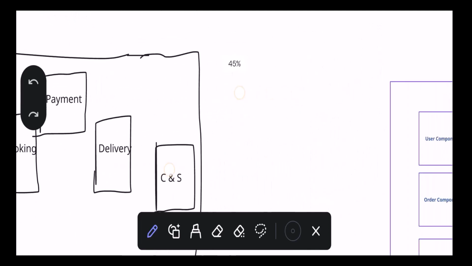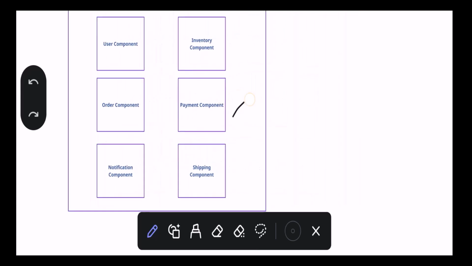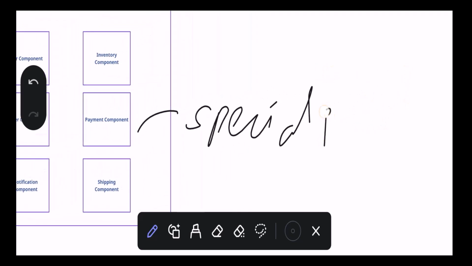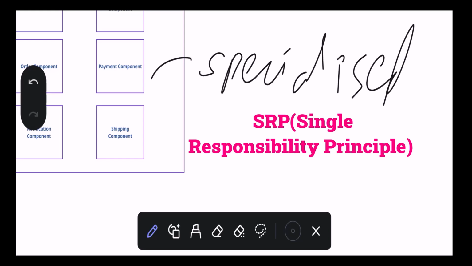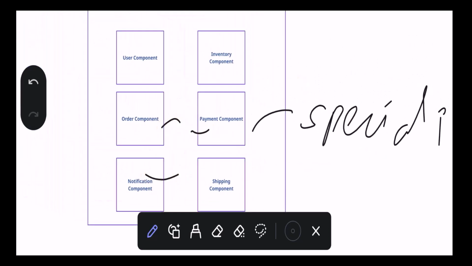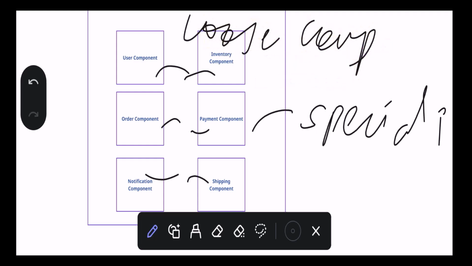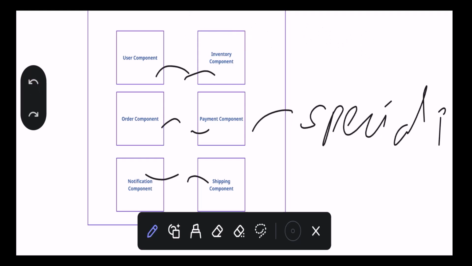Similarly, in the software world example, we will have different services, and remember, each service is specialized and dedicated to performing a single business function or single business need. And remember that between these services we have loose coupling, no tight coupling like in a monolith, but loose coupling in microservices architecture.